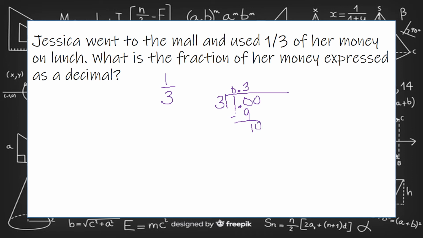Okay, I add another 0. 3 goes into 10 3 times. We get a 9. Starting to see a pattern here. 3 goes into 10 3 times. This is going to keep going on and on forever. So 1/3 as a decimal is 0.3 repeating because I'm getting the same thing every time.